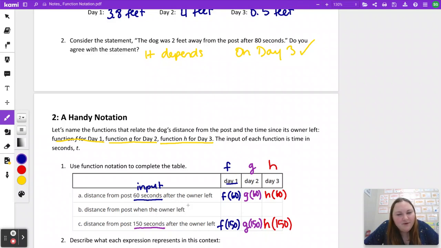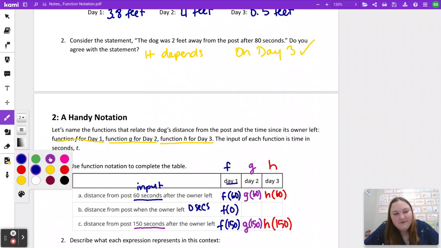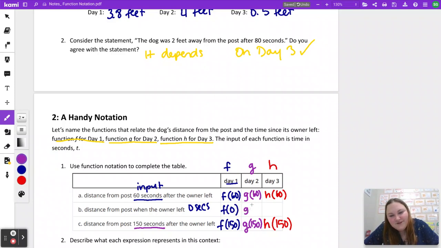If we're talking about the owner left, what time is that at? What would my input be? Well, my input would be 0. That means we're talking about 0 seconds. So for day 1, we would have F of 0. For day 2, I would have G of 0. And then for day 3, I have H of 0.